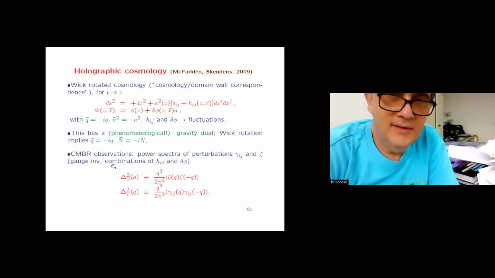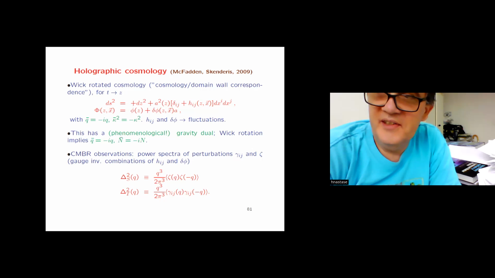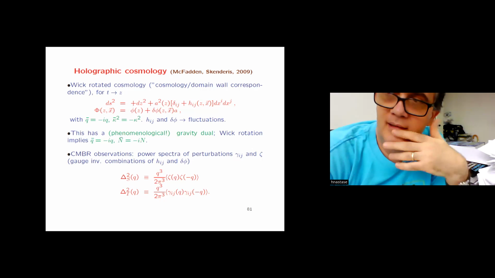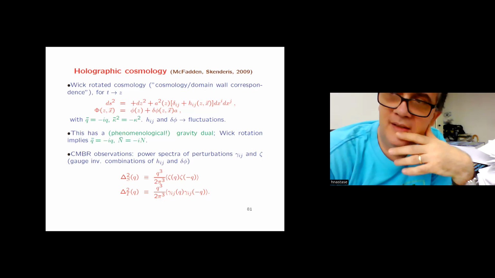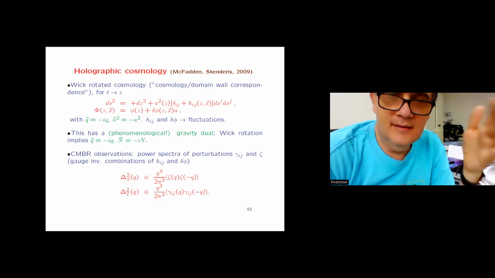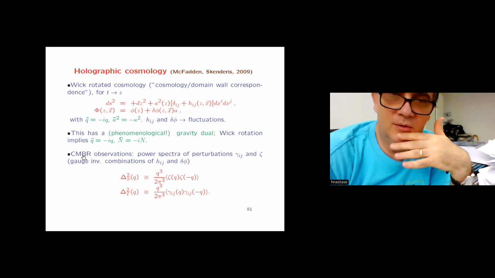Then we have to think about these fluctuations. That's really what we're interested in. So we know that in inflation we want to fit the quantum fluctuations of the inflaton to CMBR observations, and that's what we would like to do here as well.